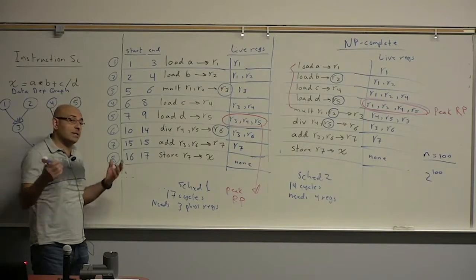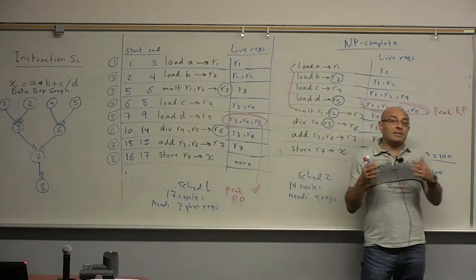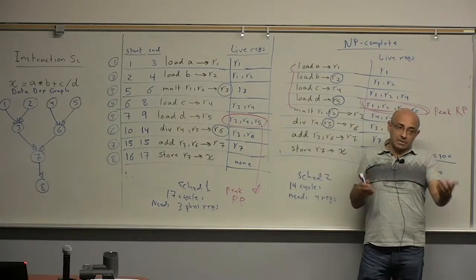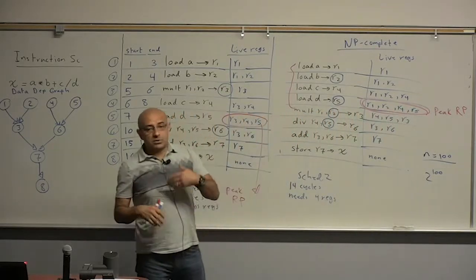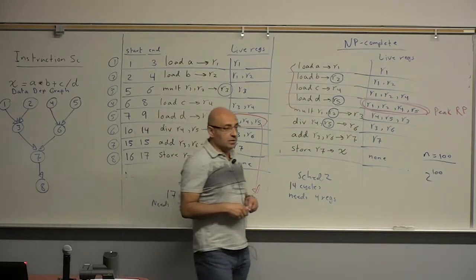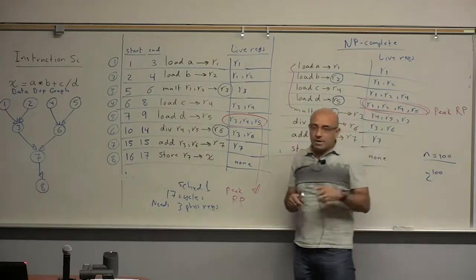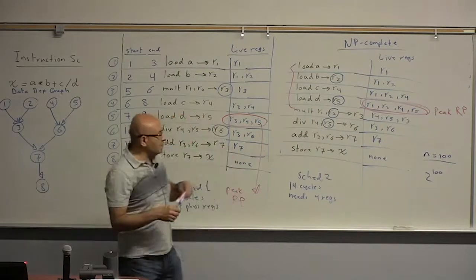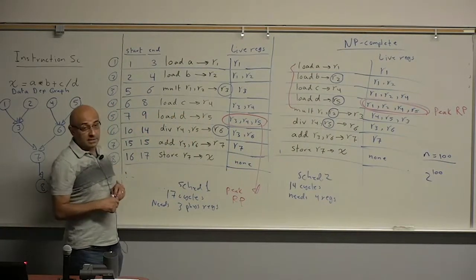So a good heuristic is an algorithm that is not guaranteed to give you the optimal solution, but it gives you something close to the optimal solution in most cases. This means that there may be some extreme cases where this algorithm will not give you the best results.